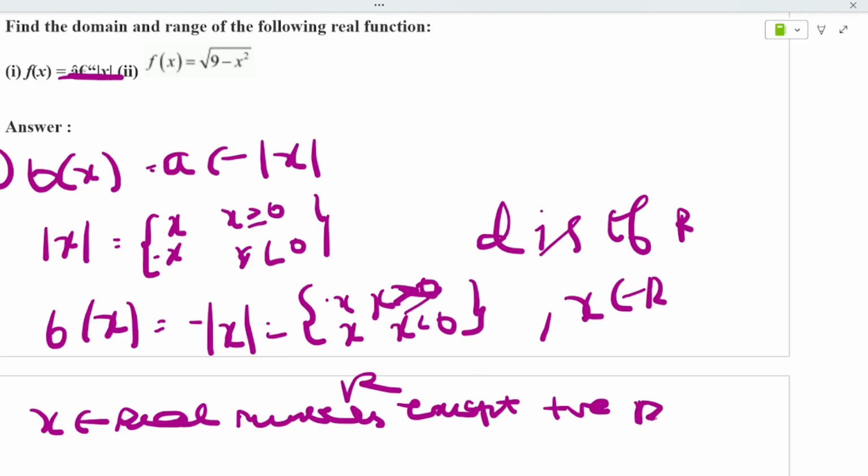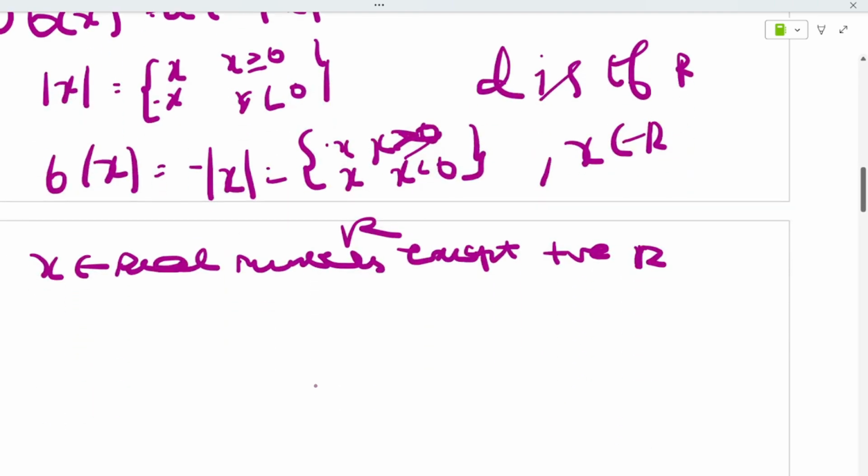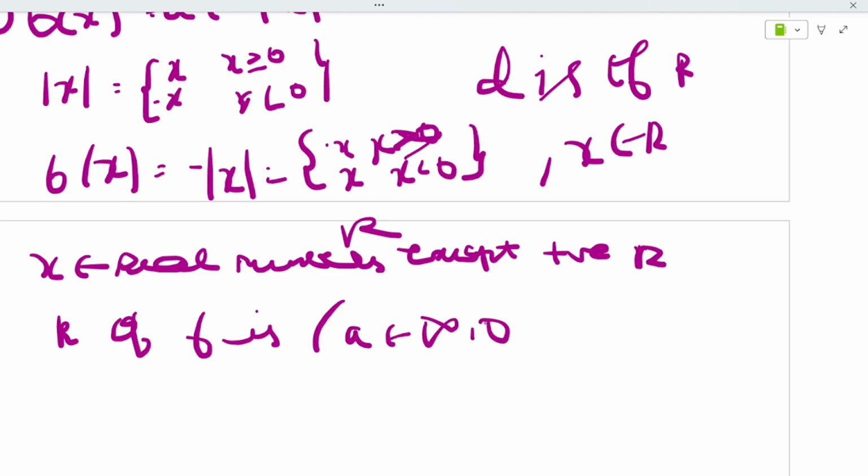So we can say that the range of f is from 0 to infinity.